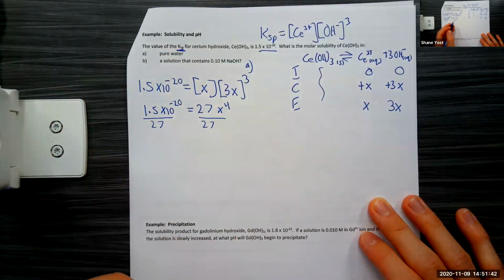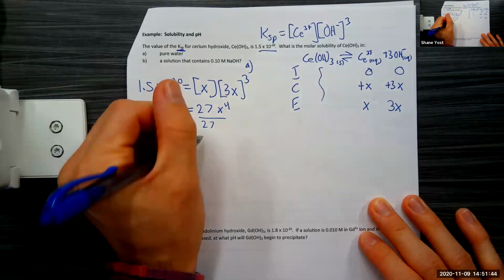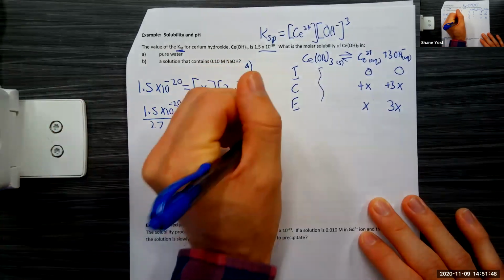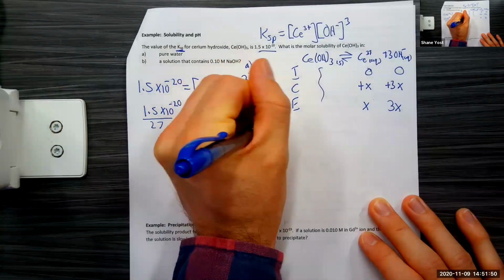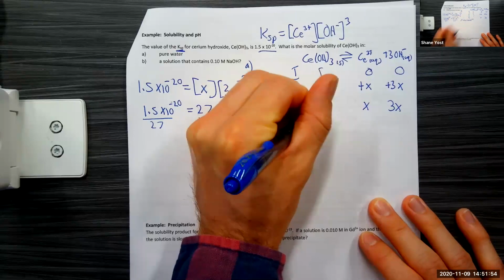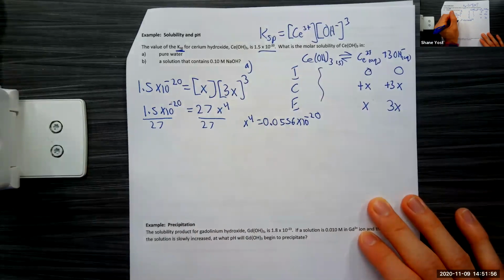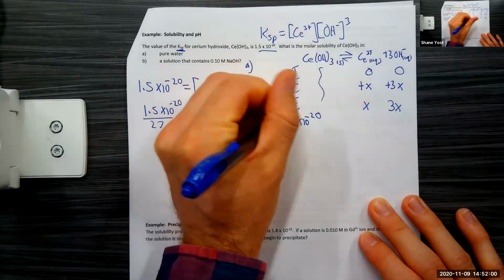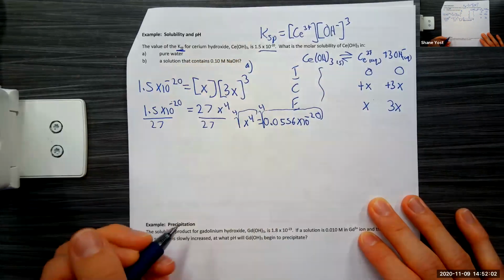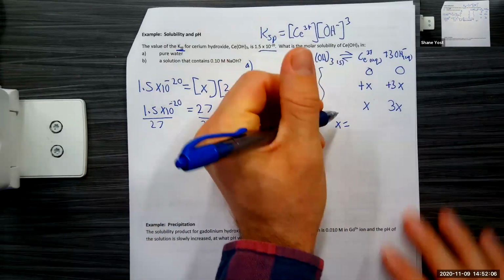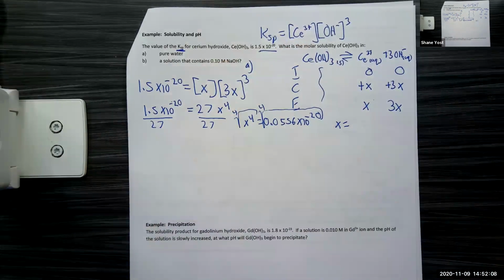If you do that, you'll get X to the 4th equals 0.0556 times 10 to the minus 20. Then you take the 4th root of both sides in order to find X. So what's the 4th root of that?